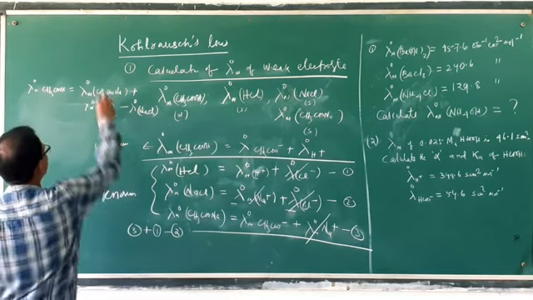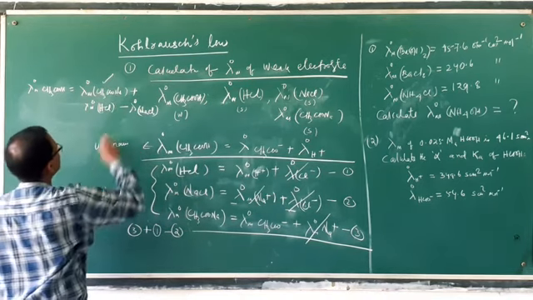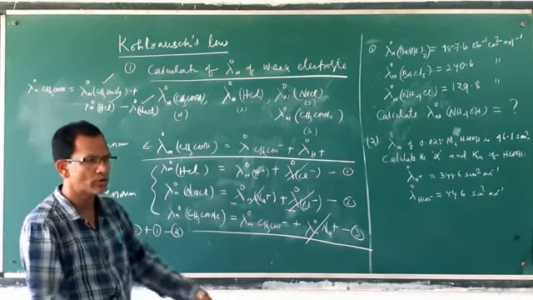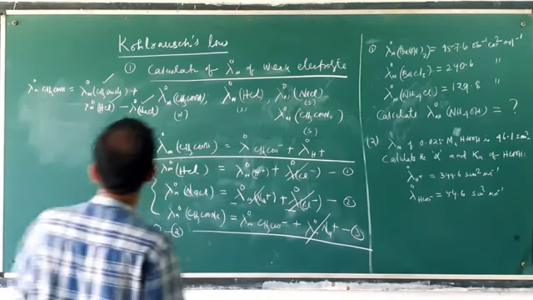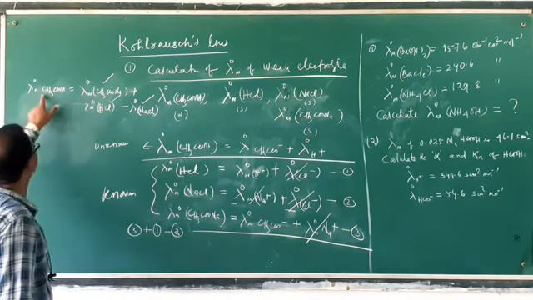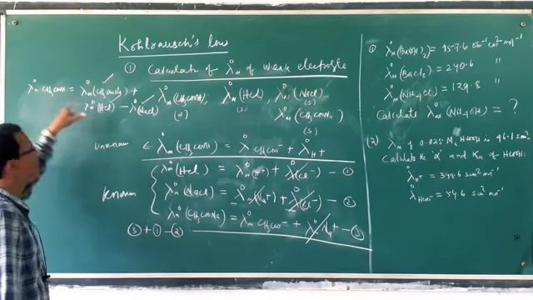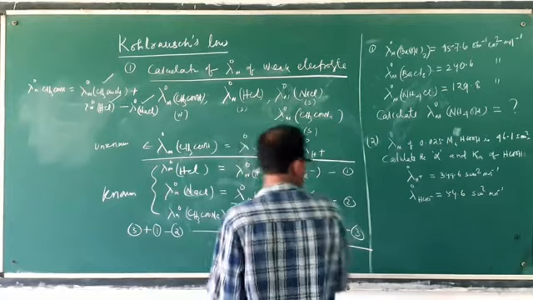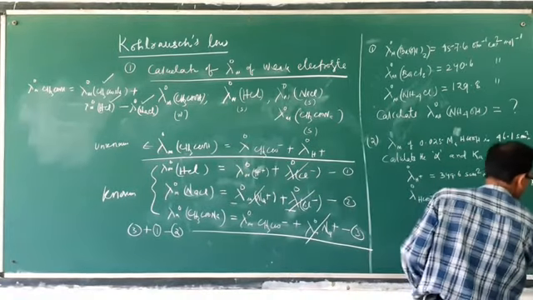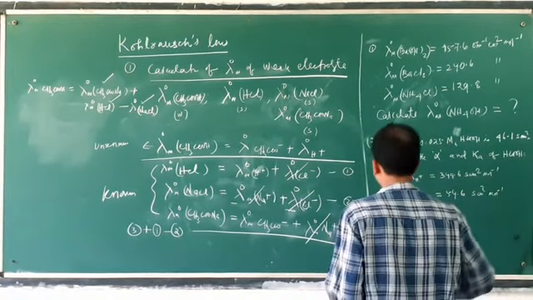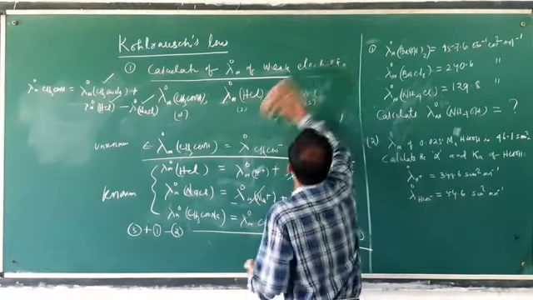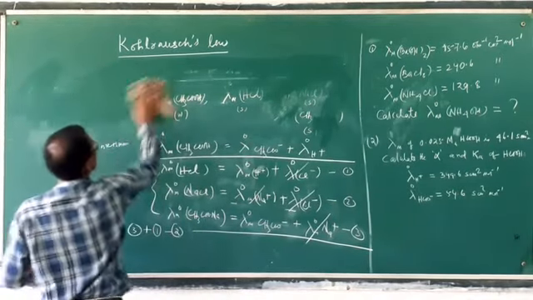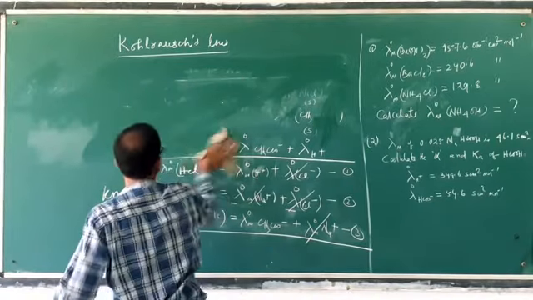The values are given: first, second, and third are all given. So you put in the values and ultimately you will get the value of lambda naught of acetic acid. Similarly, different types of data will be asked to calculate lambda naught of weak electrolytes, weak acids or weak bases.